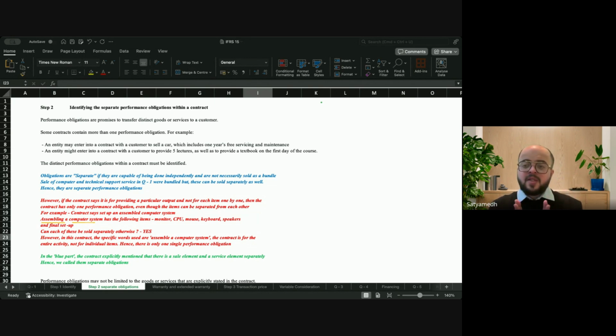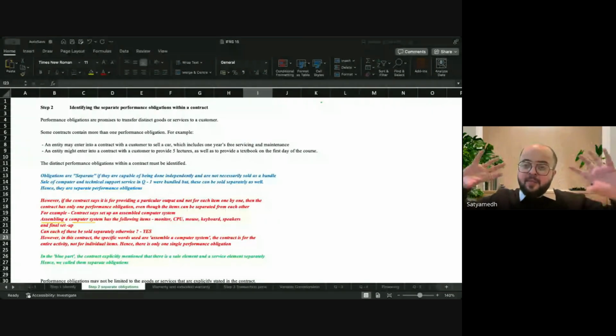Now, the thing about separate performance obligations is they are identifiable, that is, they are separable from each other, point one, and they are capable of being sold separately. Which means if you are coming to me for a session on IFRS, that is a single performance obligation, but you are coming to me for FR coaching, and you are coming to me for test series, and you are coming to me for career guidance.